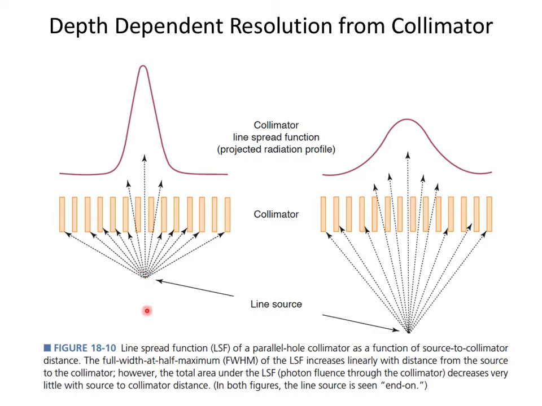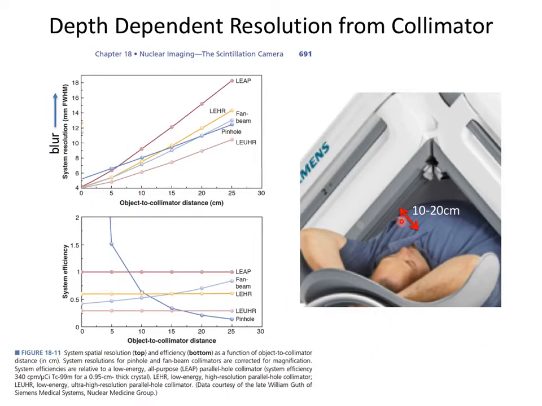As the source moves away, as depicted in this geometrical drawing, you can see that you're going to get a wider projection of a dot as that dot moves farther and farther back from your detector. So this anti-scatter grid works best when it's right up against the sample, and it loses resolution when the sample is at depth.